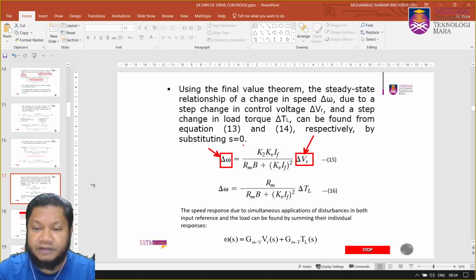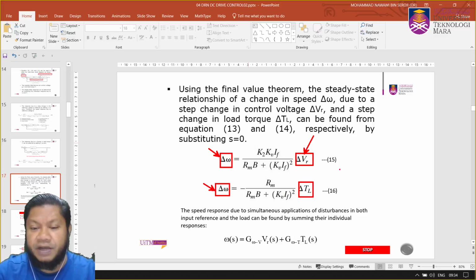Okay, so you have this equation, and then for the load change, we set this, and we can look at the step change in the delta omega. And this is a superposition, right?